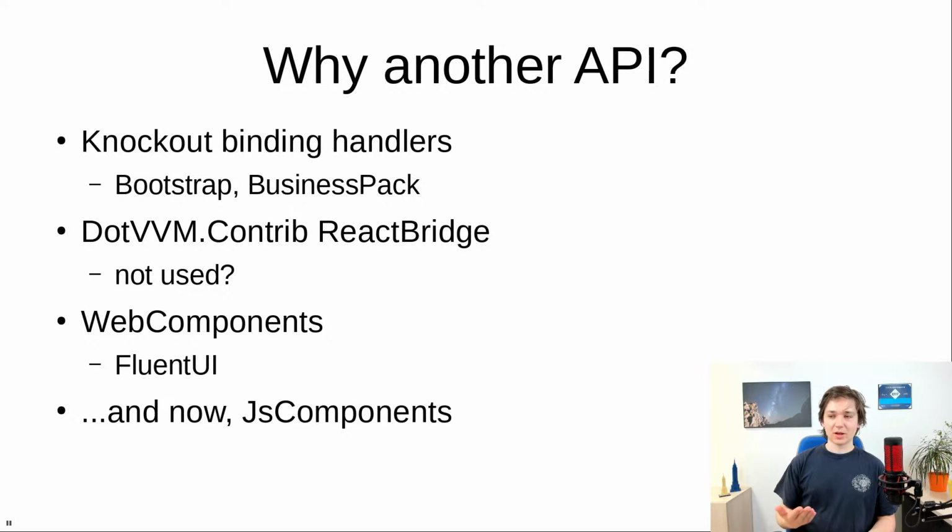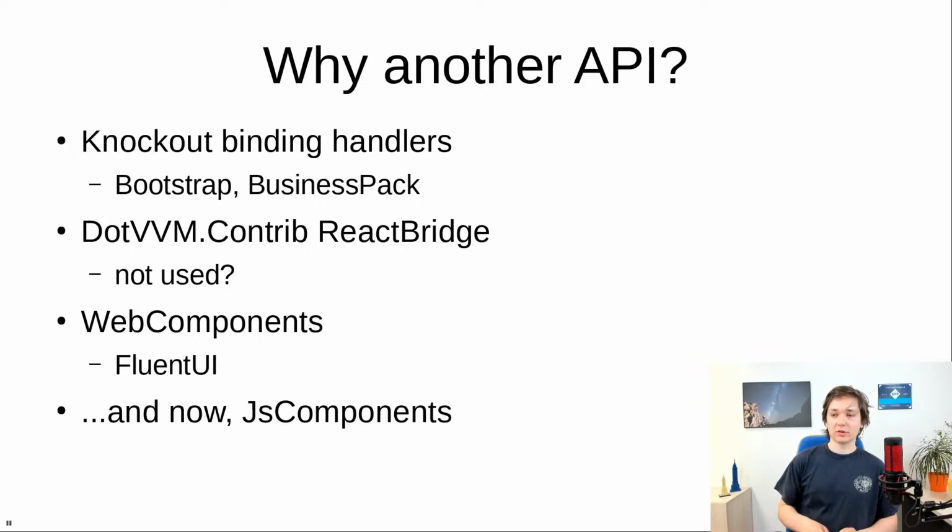We already have multiple APIs for integrating client-side code with DotVVM. From the first versions of DotVVM, when it was called Redwood back in the day, if some of you remember, it was based on Knockout.js, where you can write custom binding handlers, and these can be used seamlessly from DotVVM.